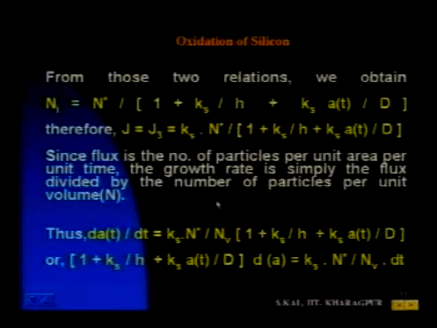Just write the dimensions of flux and divide by the number of particles per unit volume, and then you will get that.